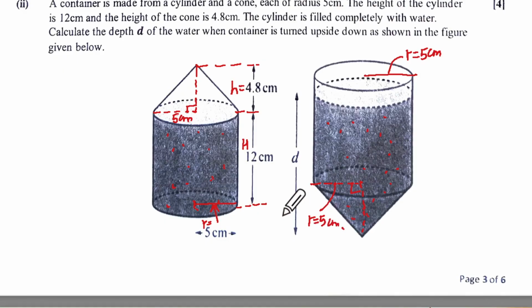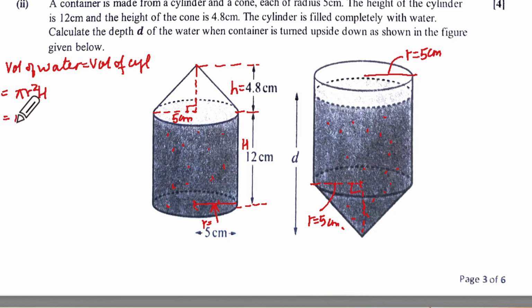To begin with, we have to understand how much is the volume of the water, because when you turn it upside down, the volume of the water remains the same. So volume of water is going to be equal to volume of cylinder, which is equal to pi r square H. Now don't write 22 upon 7 or 3.14, and I'll tell you the reason why, because your pi is going to get cancelled later on.